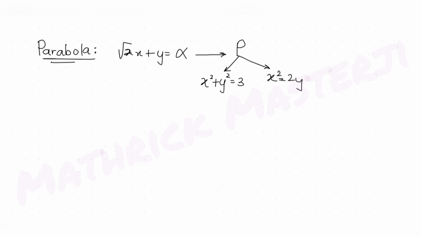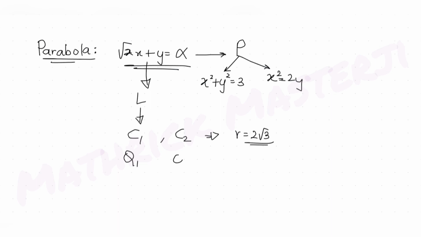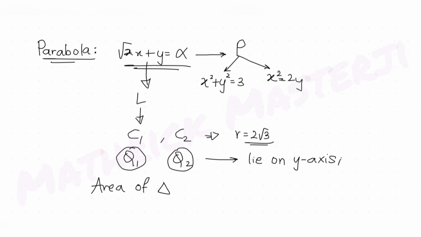The question further tells us: let this line L touch the two circles C1 and C2, which have radius 2 root 3, and the centers Q1 and Q2 of these circles lie on the y-axis. We need to find the square of the area of triangle PQ1Q2.